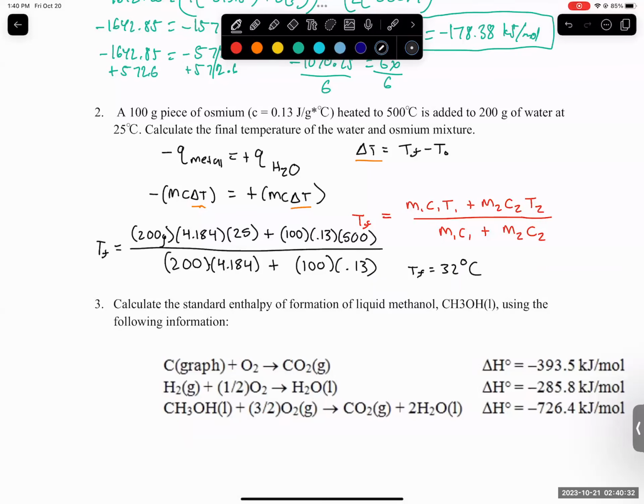So it's going to take a lot of energy to heat up the water, whereas it's not going to take so much energy to bring down the metal, right? So we expect that the final temperature lies closer to the initial temperature of the water than to the initial temperature of the metal, even though it was at 500 degrees Celsius.